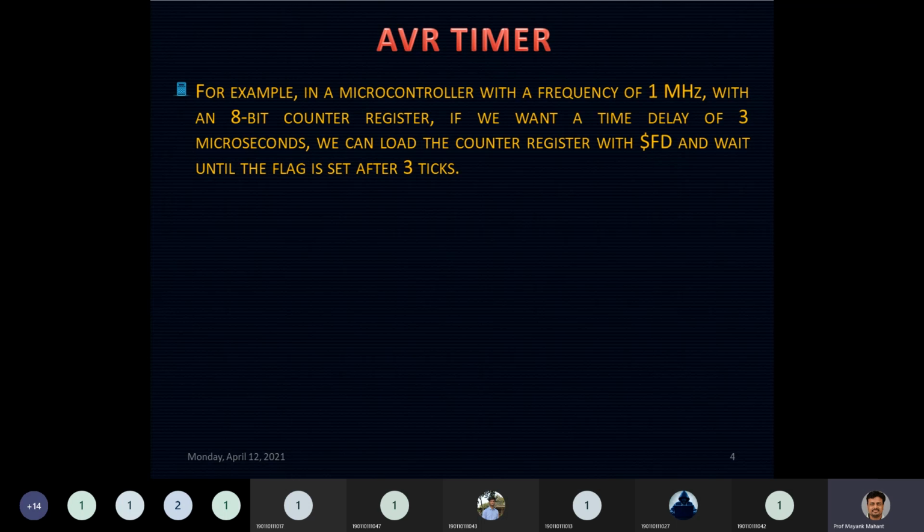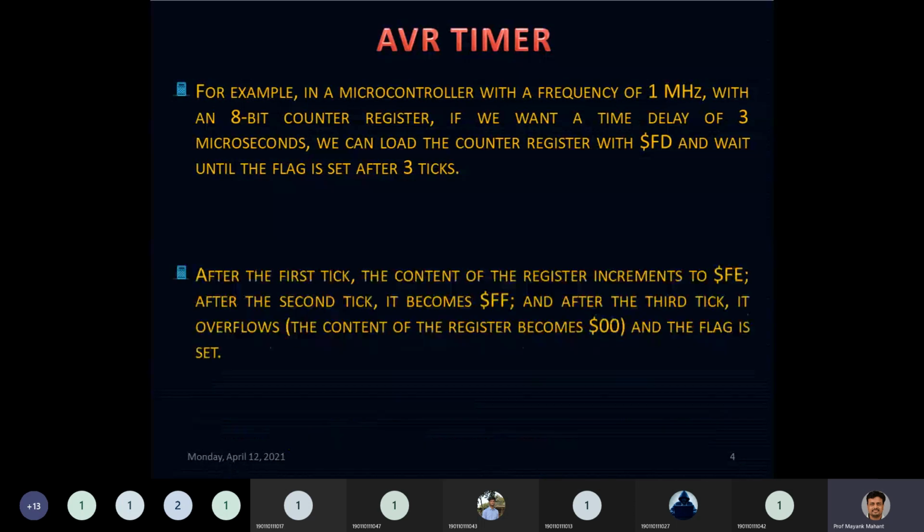If I talk about an 8-bit counter register and we want a delay of only 3 microseconds, then we would load the counter register with the value FD and wait until the flag is raised after 3 ticks of the clock.